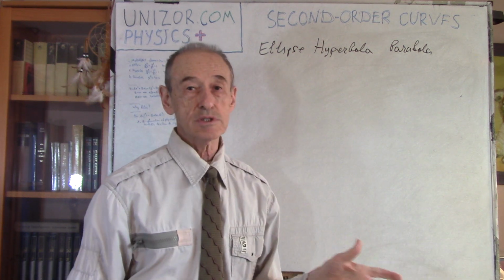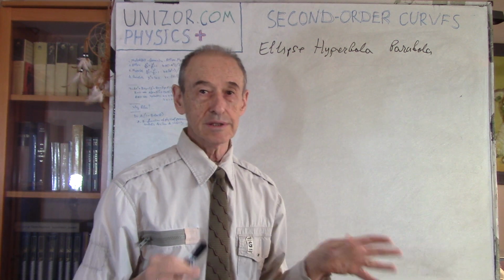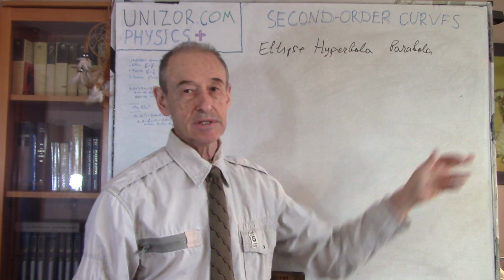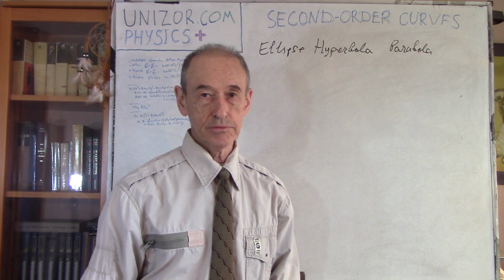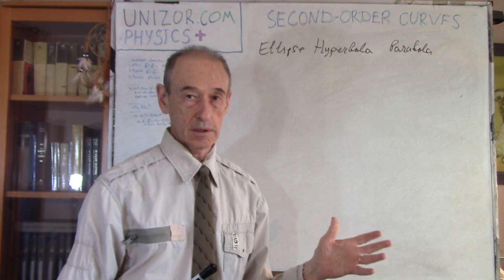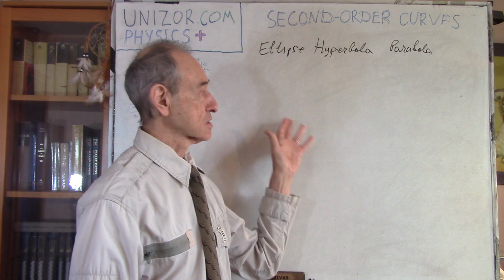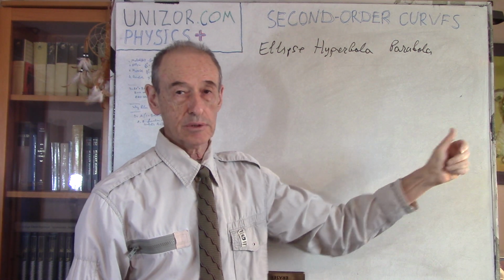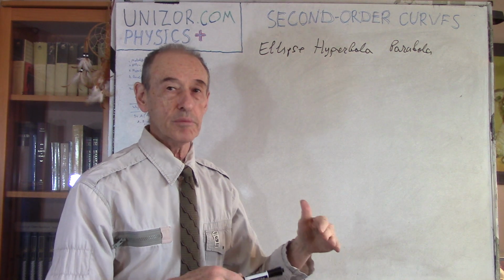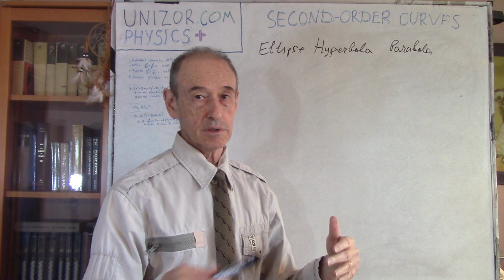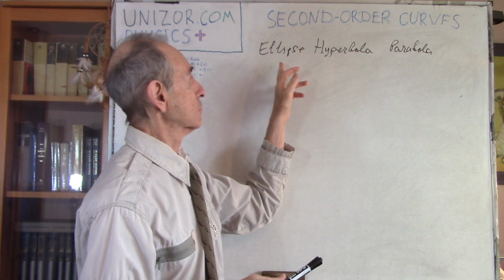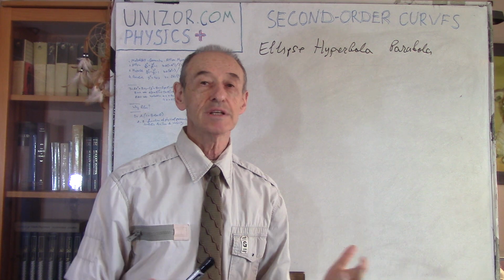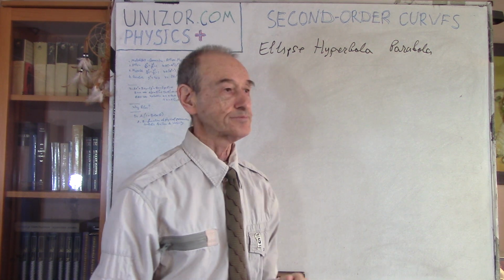But what's interesting is that these are the only three types which can occur in any second order curve. So if there is any second order curve described by this long polynomial, ax squared plus etc., we can transform the equation into the equation of an ellipse, a hyperbola or a parabola in certain convenient coordinates.